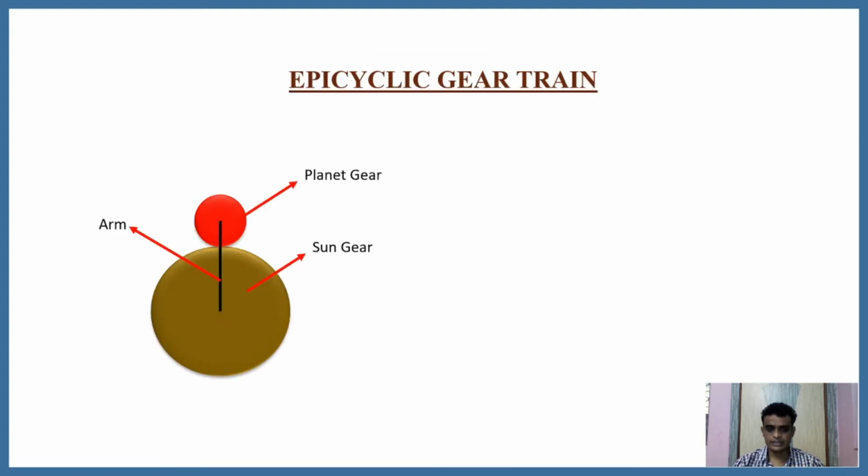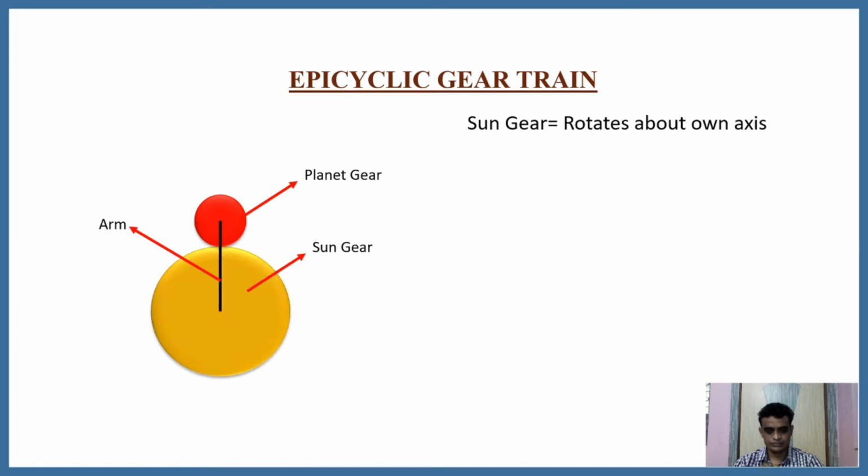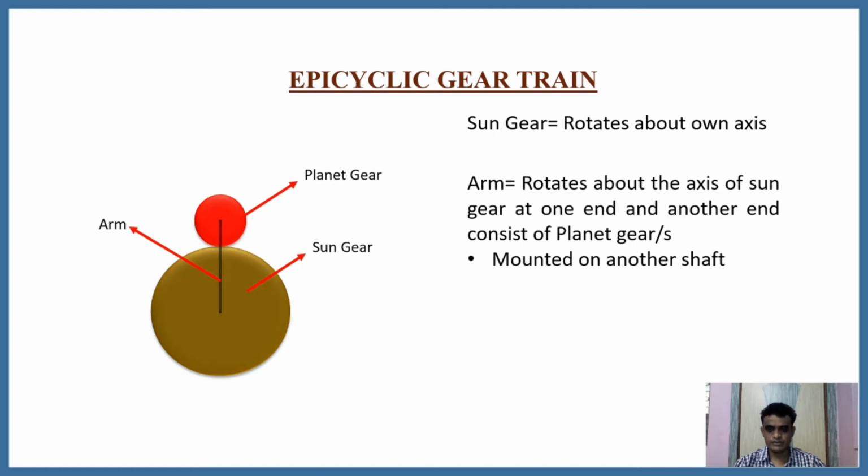In the epicyclic gear train, there are three members. One is the sun gear, second is the arm, and third is the planet gear. The sun gear rotates about its own axis. The arm has two ends: one end is connected to the planet gear, and the second end rotates about the axis of the sun gear.